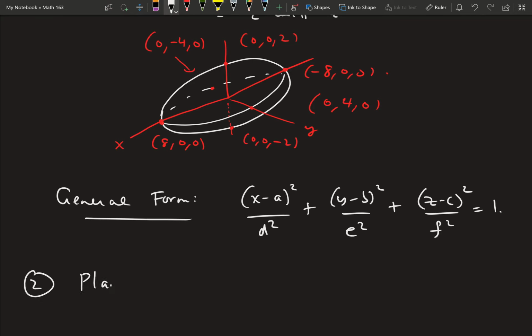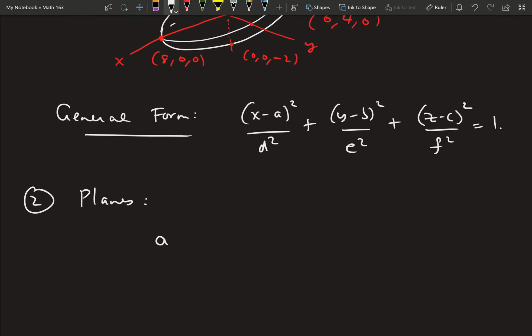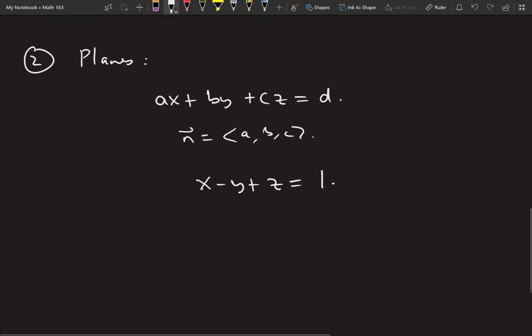Another one that we have seen already is the equation of a plane. And these are of the form ax plus by plus cz is equal to d. And we obviously have the normal vector here of (a, b, c). Just to be complete, let's do at least one example of graphing an equation of a plane.